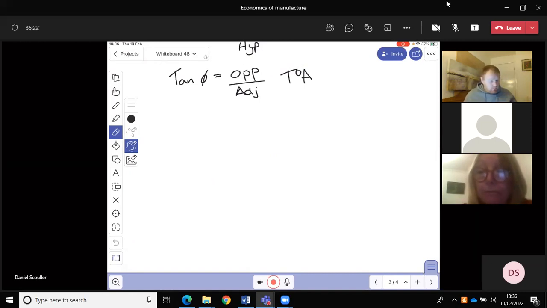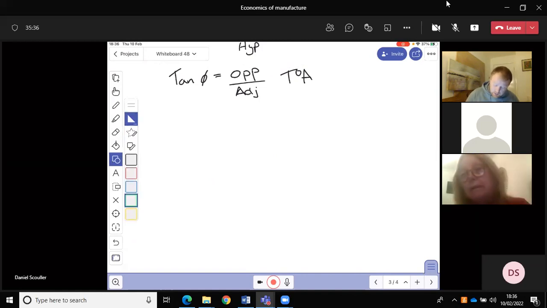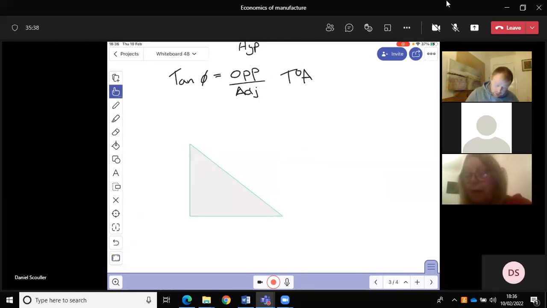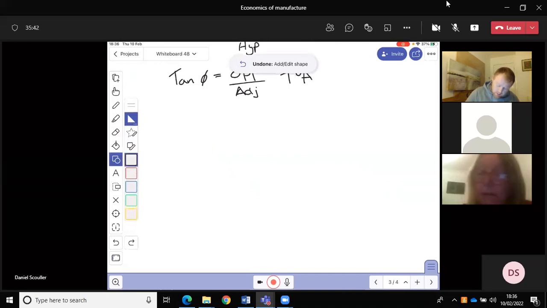Okay, so a wee example in this. A couple of examples we'll go through just for a wee reminder. Just give you an example of each of them. Okay, so right angle triangle, stop being green. Black.